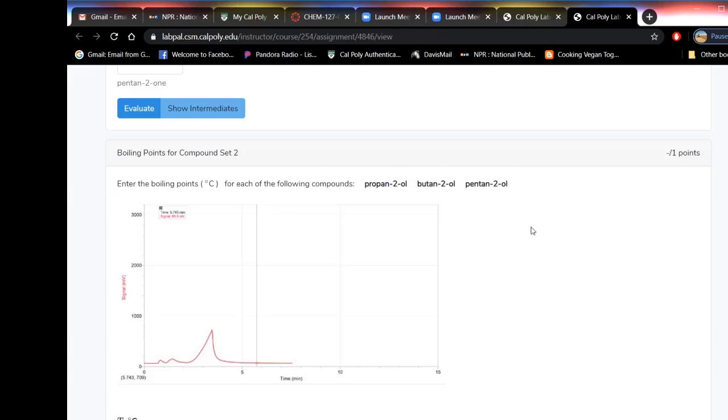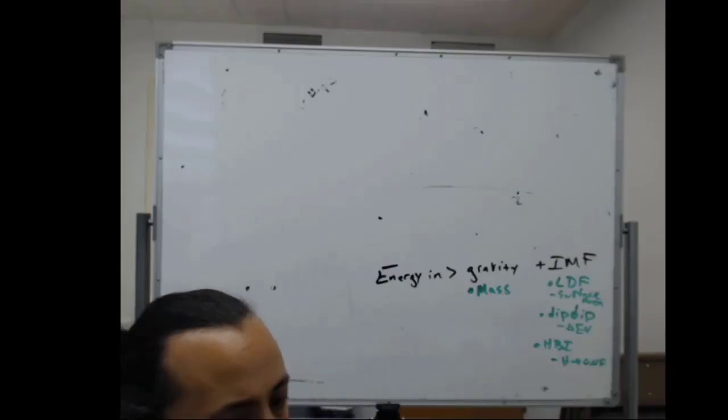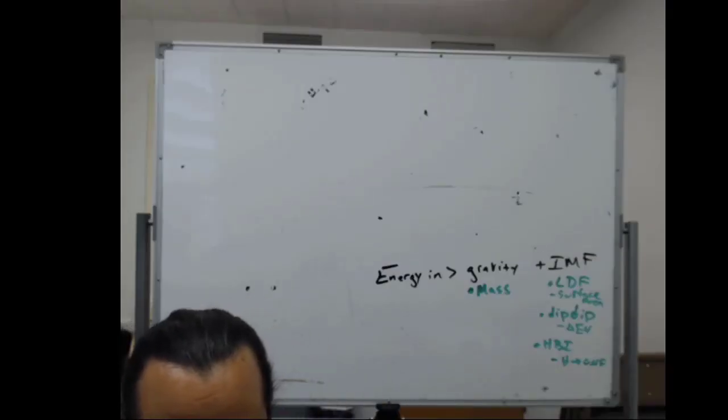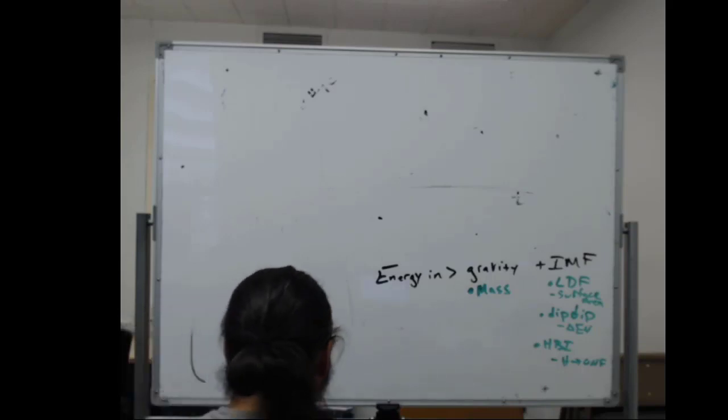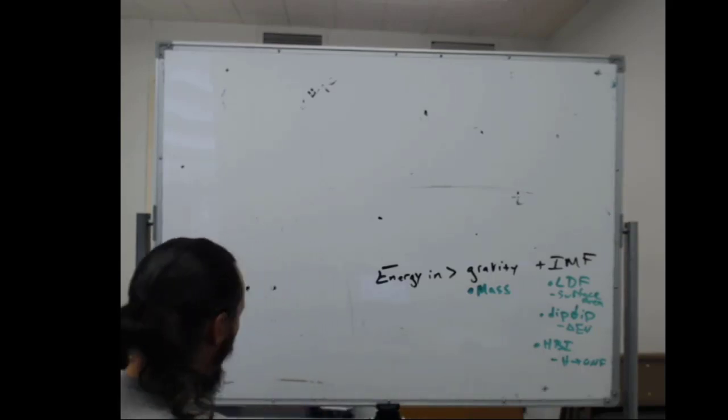The thing I wanted to point out was this propanol set is really easy to start looking at. The reason is, and I'm going to draw some stuff on the board, so let me switch over to board view. The reason the propanol set is nice to look at first is that it's compound set 2.